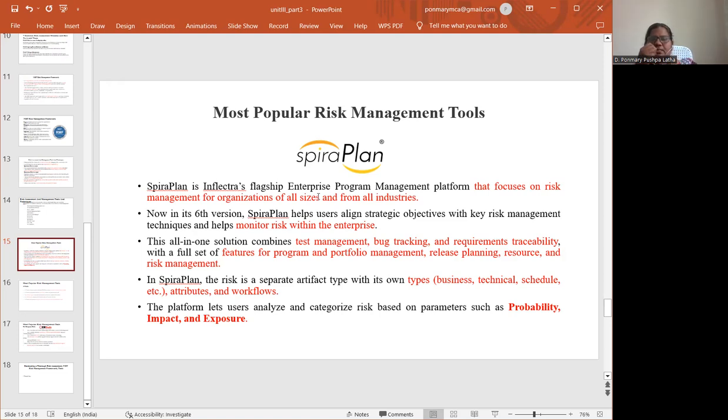It combines test management, bug tracking, and requirement traceability. It can deal with various business, technical, schedule risks, etc. It categorizes risk based on parameters such as probability, impact, and exposure.